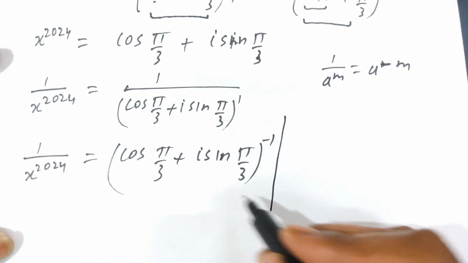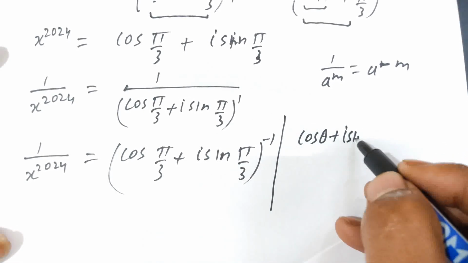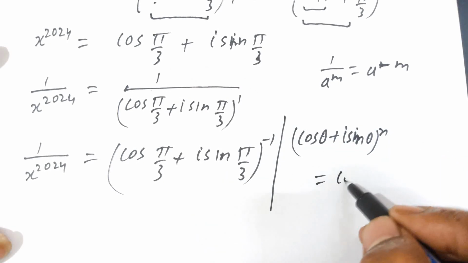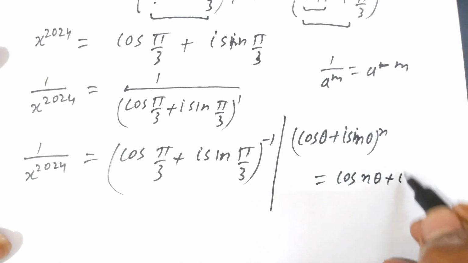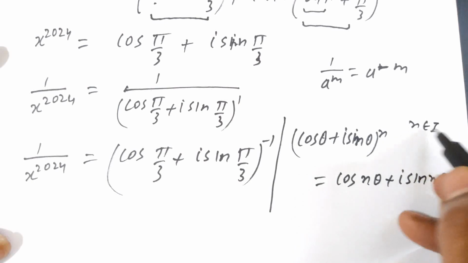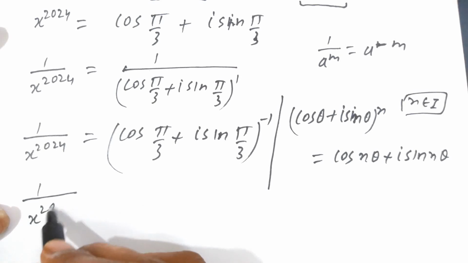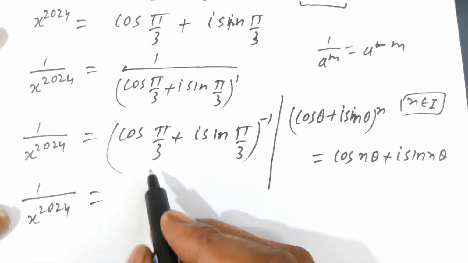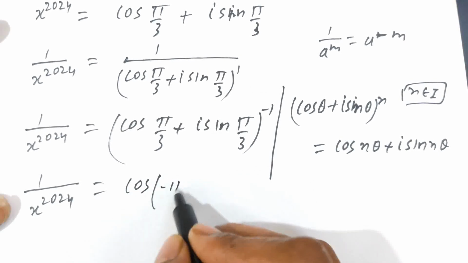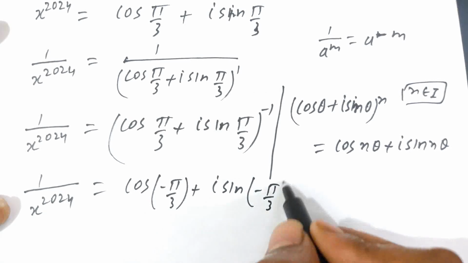Here we will apply De Moivre's theorem again, that is cos theta plus iota sine theta power n is equal to cos n times theta plus iota sine n times theta, where n is any integer. So students, here 1 by x power 2024 is equal to cos negative pi by 3 plus iota sine negative pi by 3.